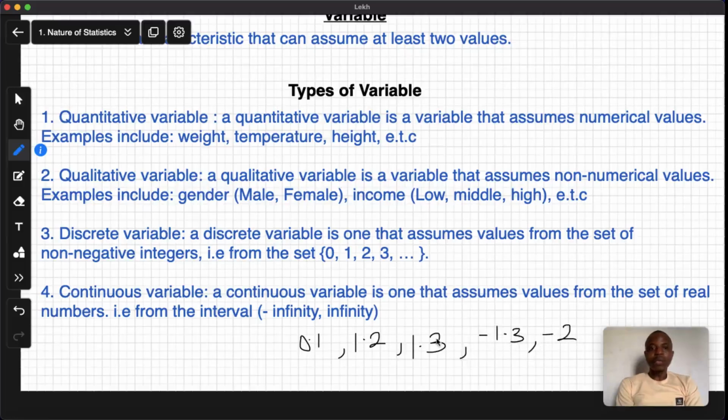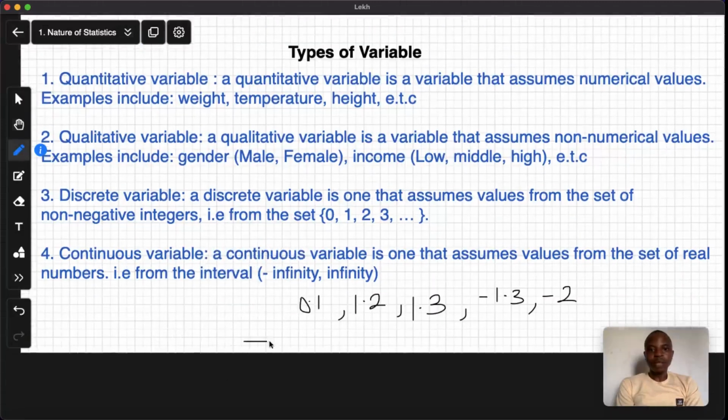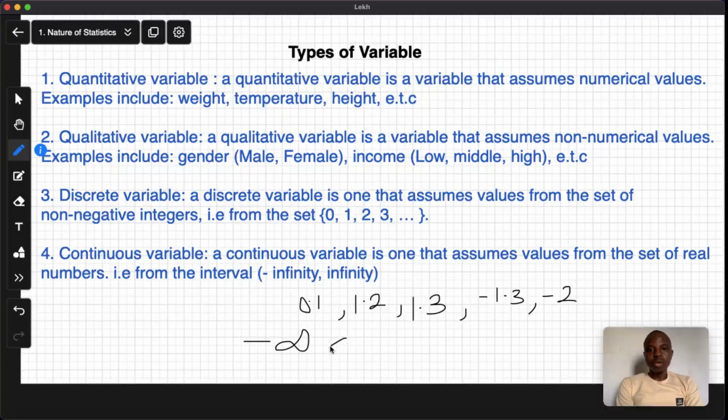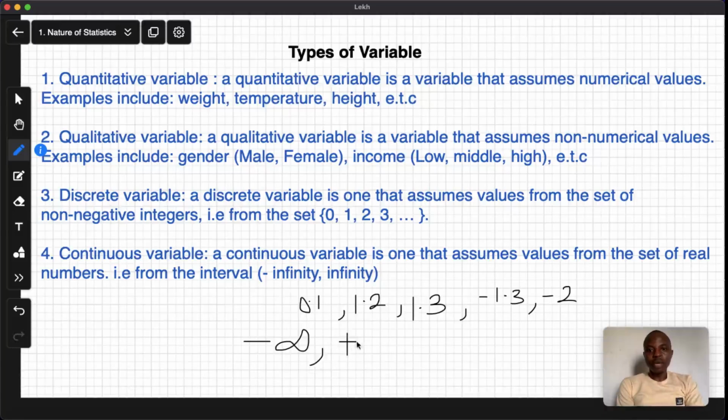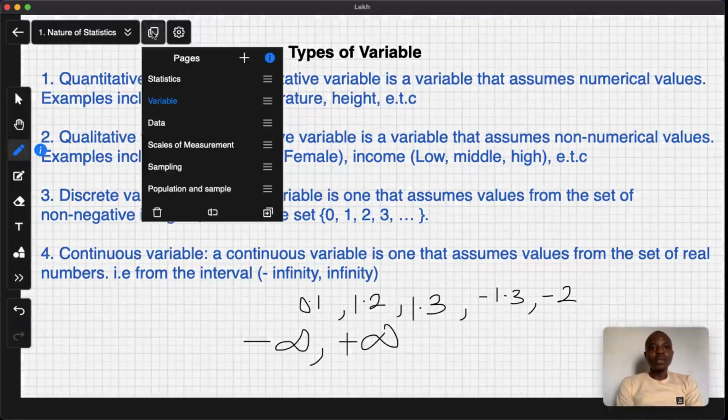So it can take values from minus infinity to plus infinity. So any number at all. All right, so that is the continuous variable.